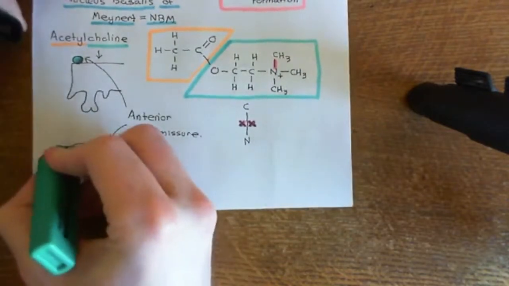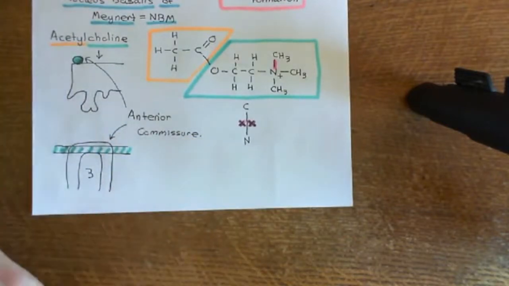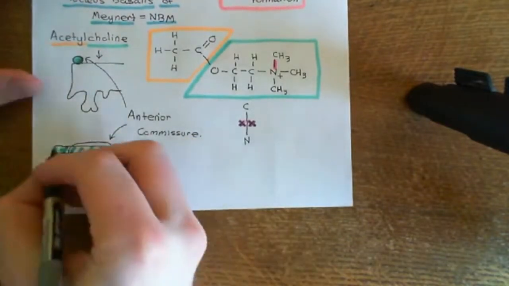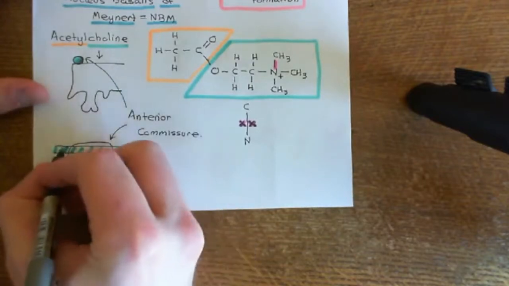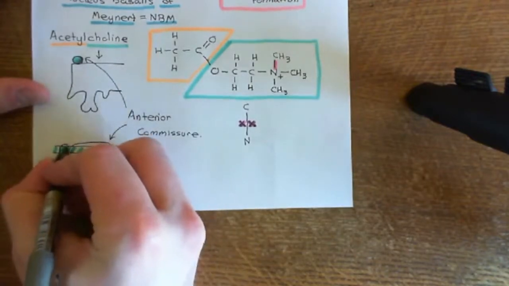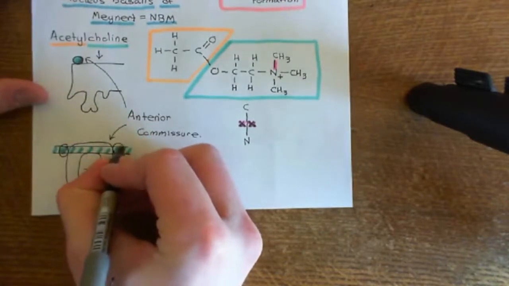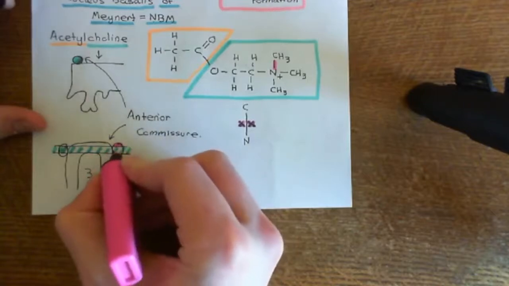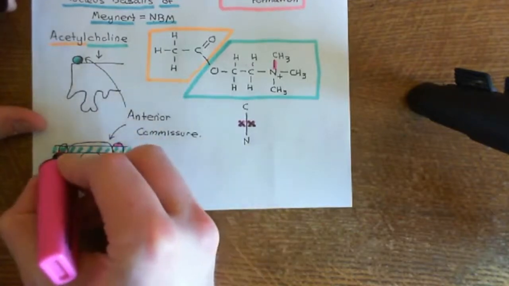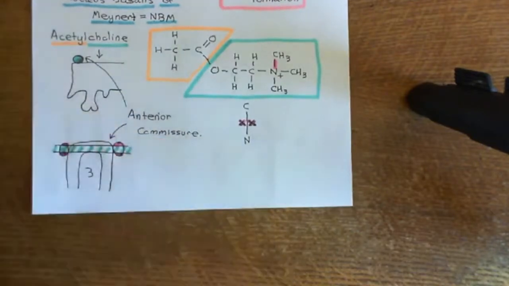The nucleus basalis of Meynerts are going to be underneath the anterior commissure, sitting on either side of the hypothalamus. I will colour in the sides of them that are peeking out from underneath the anterior commissure, because they are underneath it.